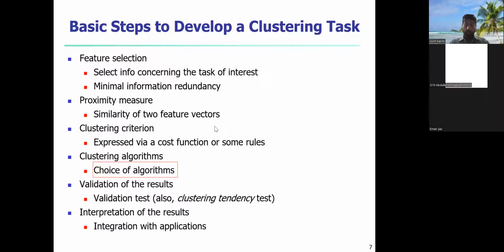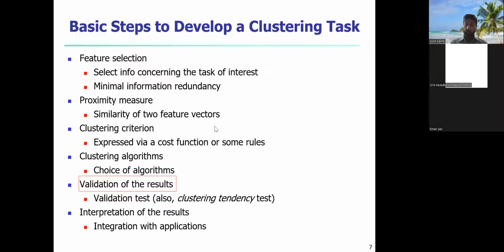And then, of course, you need to have an algorithm that will use your similarity function and the clustering criterion to find the best clusters. So that is a clustering algorithm. And there are a bunch of clustering algorithms out there. We will discuss some of them in this course.